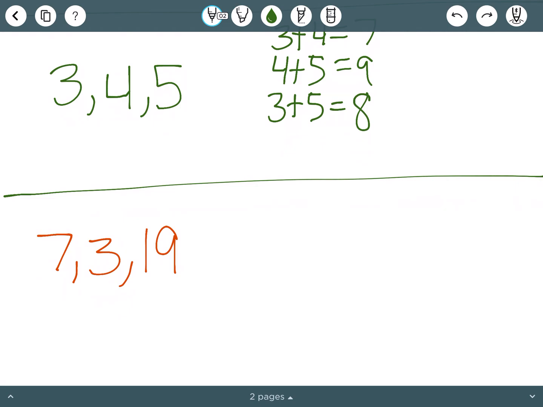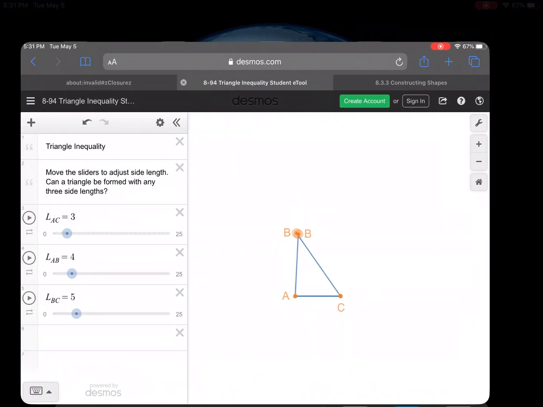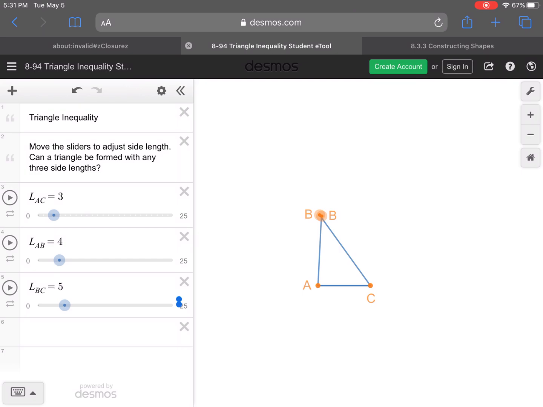So we have 7, 3, and 19. Let's go ahead and put that into that Desmos tool. So 3 was one of our sides, 7 was a side, and the other one was 19. All right, so I've got my side lengths 3, 7, and 19.